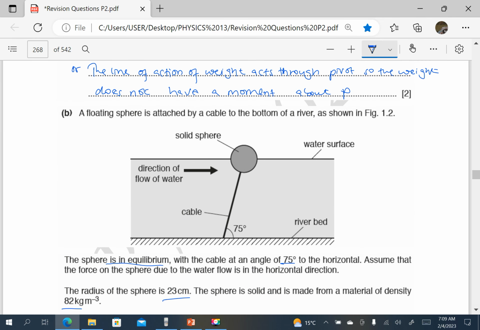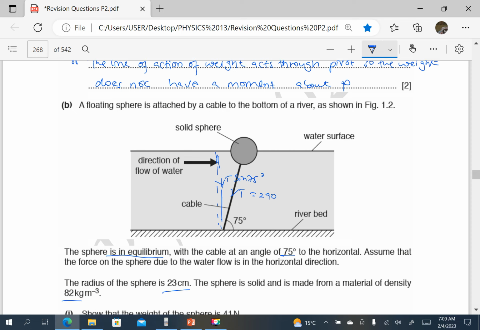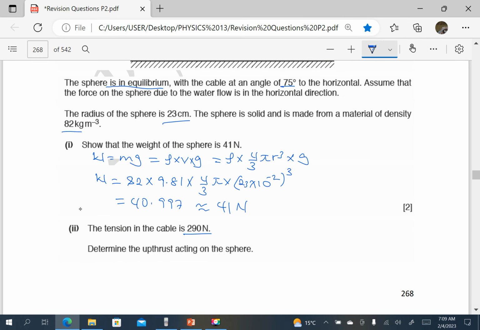The tension on the sphere, of course, because the water is on that side, is going to be downwards, and this is 290 newtons. So we are going to resolve this in the vertical plane because upthrust acts in the vertical plane. We have to resolve T in the vertical using 75. T in the vertical will be T sine 75 degrees. But remember, the weight is also acting downwards, which is 41, and it is in equilibrium.